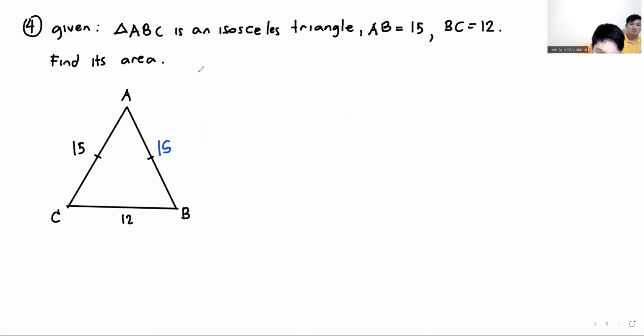There's a formula, Heron's formula. If you know all three sides of a triangle, it will be very convenient for finding the area that way. The area is equal to the square root of S times S minus A, S minus B, S minus C. I will define S later.